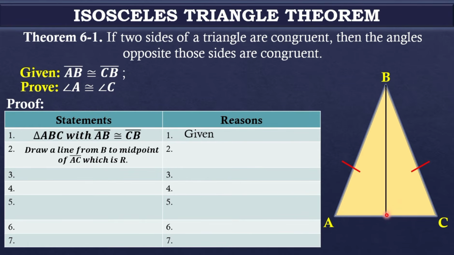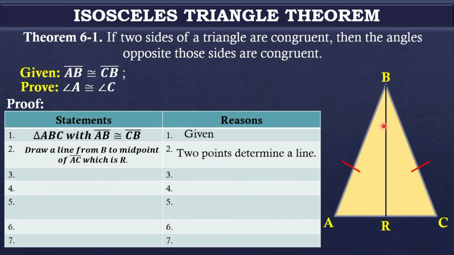So pag sinabing midpoint, pinakagitna. To the midpoint of segment AC, so ang i-name natin siya as point R. So anong reason dito? 2 points determine a line. Okay, so meron tayong point doon, meron tayong midpoint dito, so 2 points determine a line.